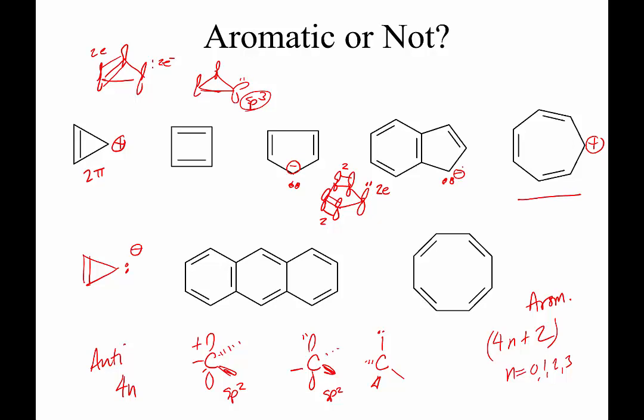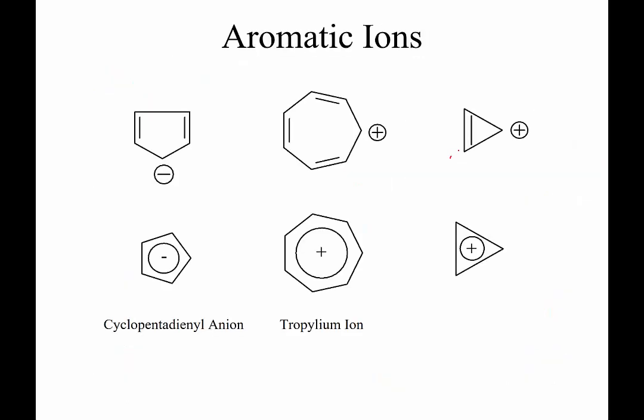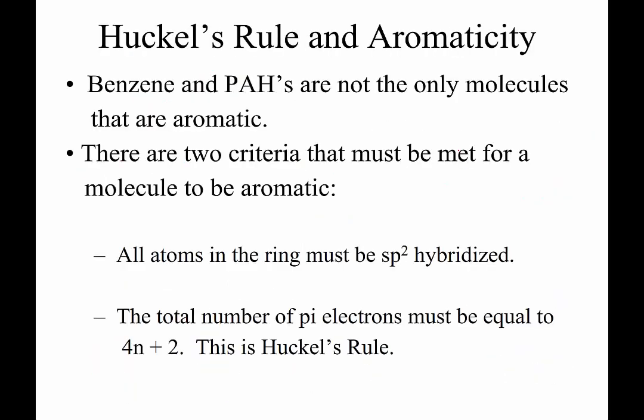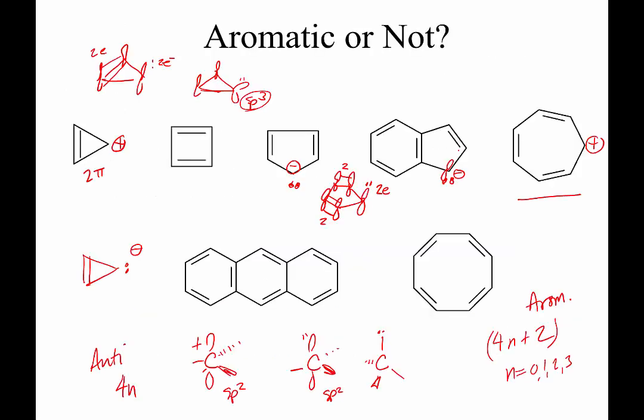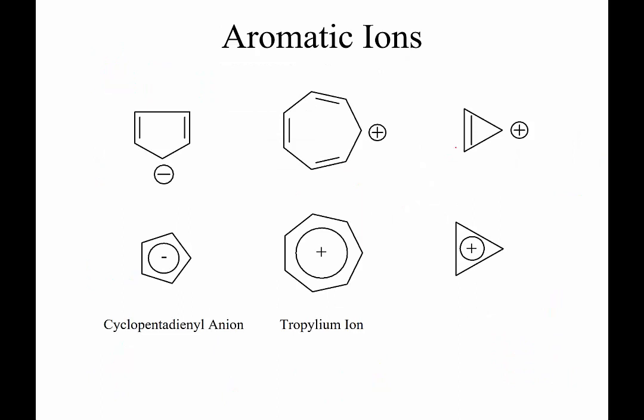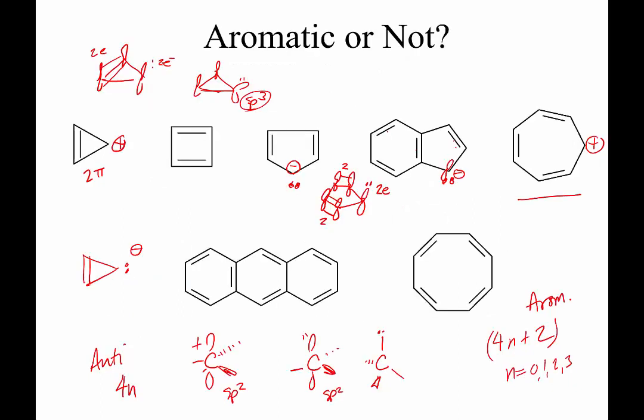Well, if it decides to go sp2, all the atoms are sp2, and it would now contribute its 2 electrons in the pi system to then become part of the 2, 4, 6, 8, 10. So then I would get 10 pi electrons here in that system, so that anion would become aromatic.